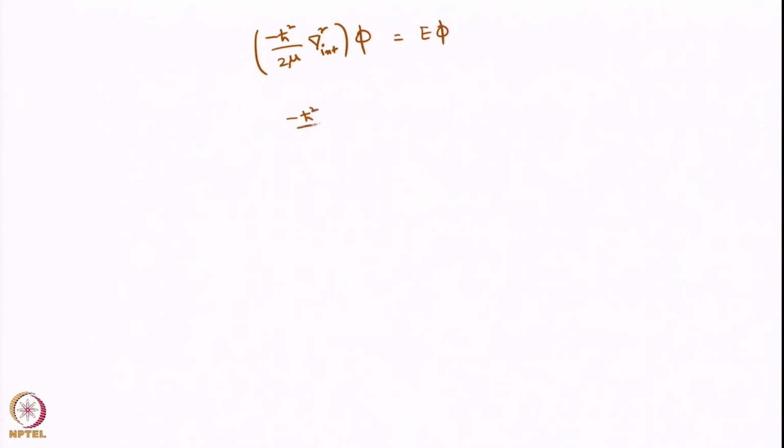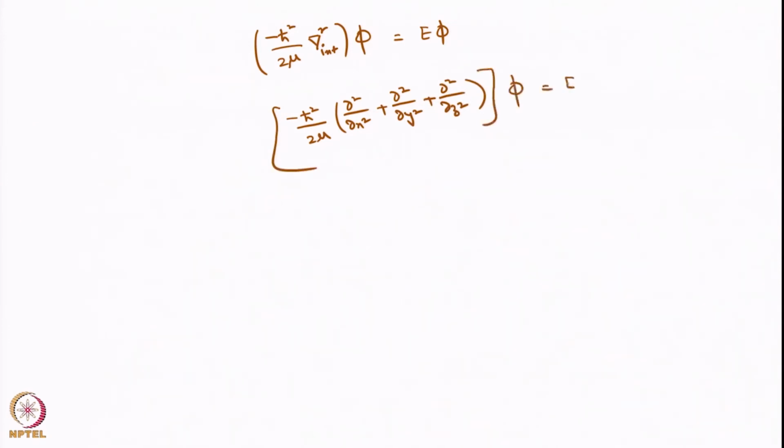That is, minus h bar square by 2 mu times d square by dx square plus d square by dy square plus d square by dz square, whole thing acting on phi, is equal to E phi.